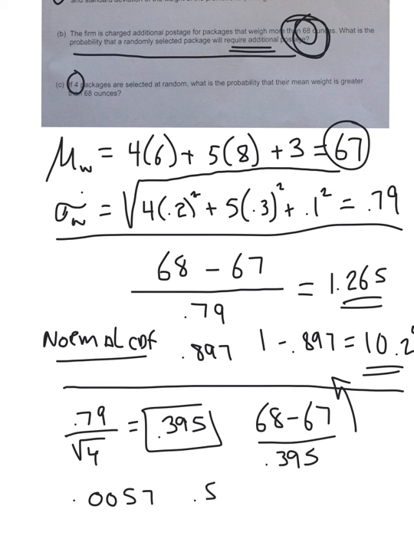So a less than 1% chance that if you just take 4 random boxes, their average weight is going to be over 68. That's what we're looking at. So there it is. That's a tough one. You've got to remember how to do that one. So that's good to look at.